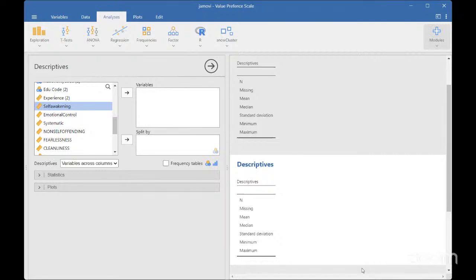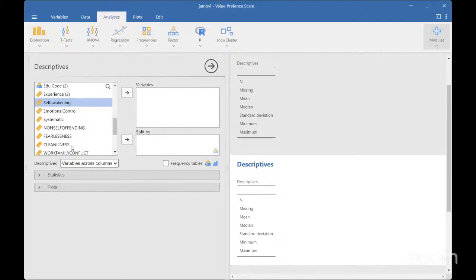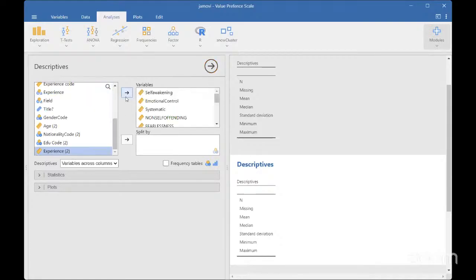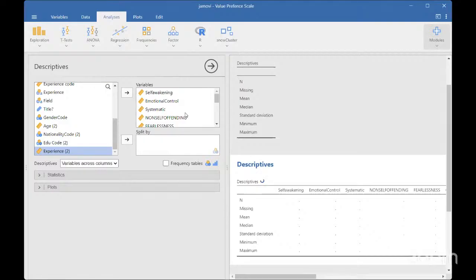Okay, now you select the variables. Self-awakening to active. And you click the statistics.